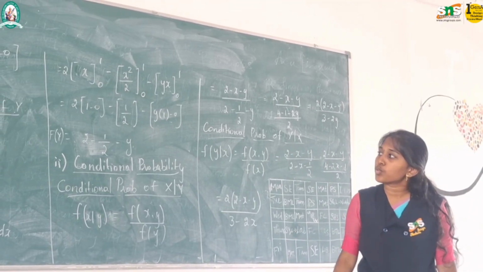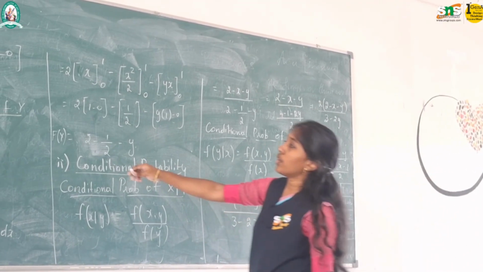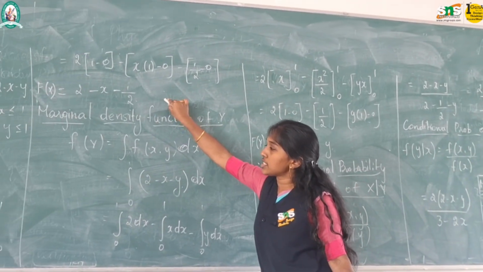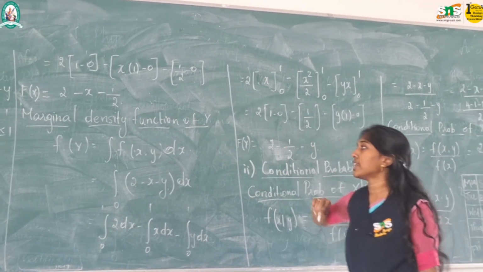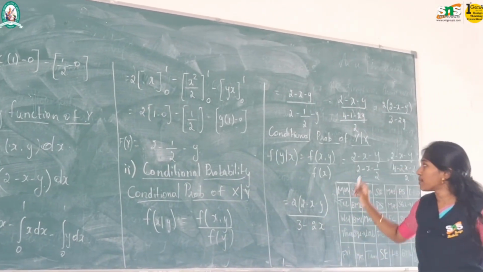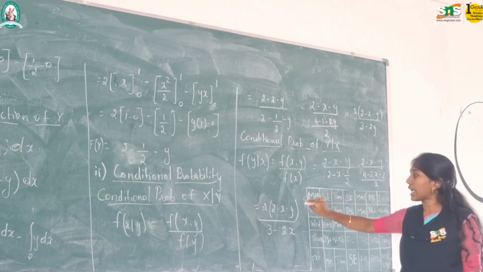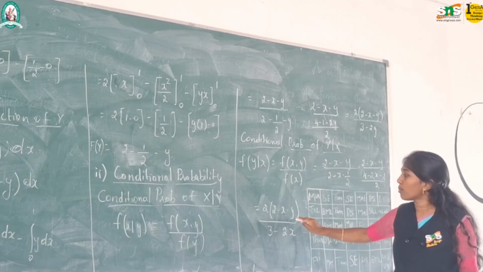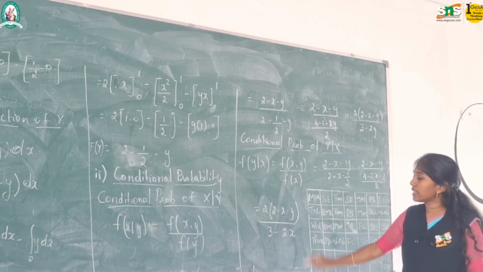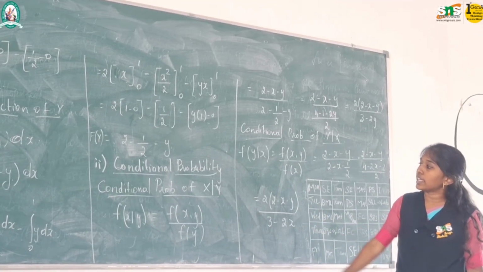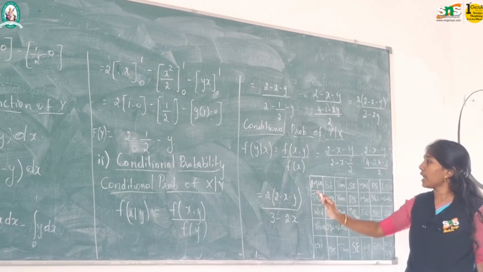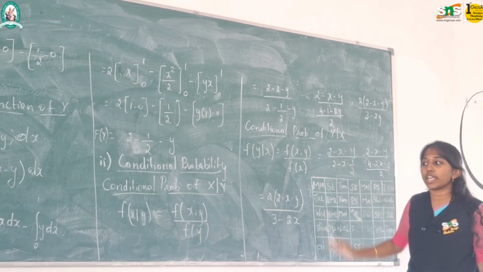In the previous step we found f of x, that is 2 minus x minus 1 by 2. Substituting both values and simplifying, I get 2 into 2 minus x minus y divided by 3 minus 2x. So this is the conditional probability of y given x, as well as the conditional probability of x given y.